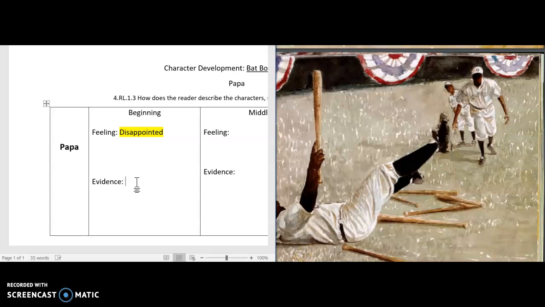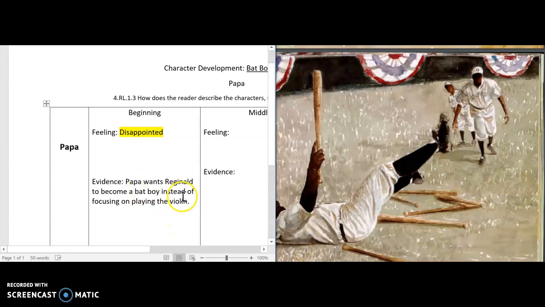Well, I know that in the beginning we said that Papa wants Reginald, that's his son, to become a bat boy. And he wanted to do that instead of focusing on playing the violin. Remember, Papa doesn't really think that the violin is all that important. It's kind of a distraction almost.